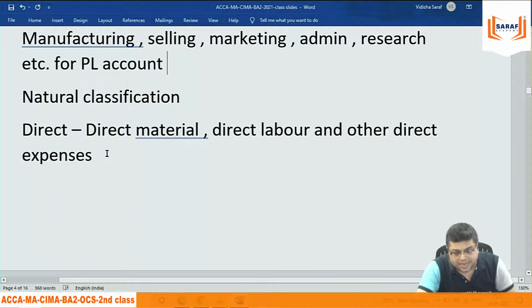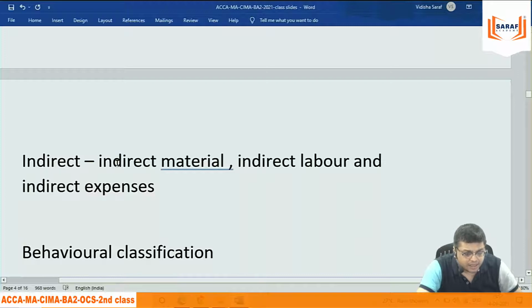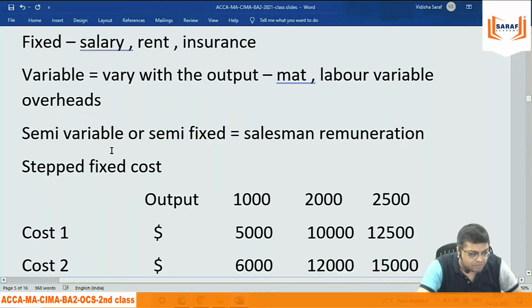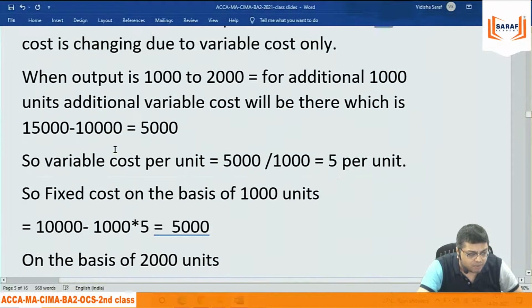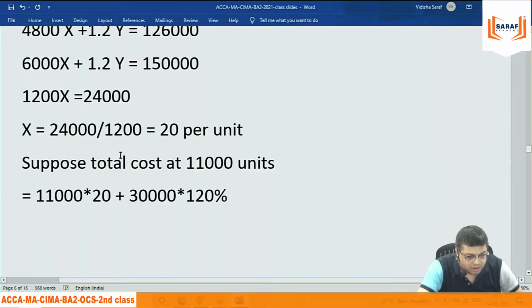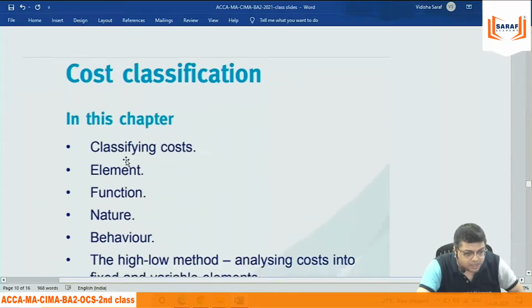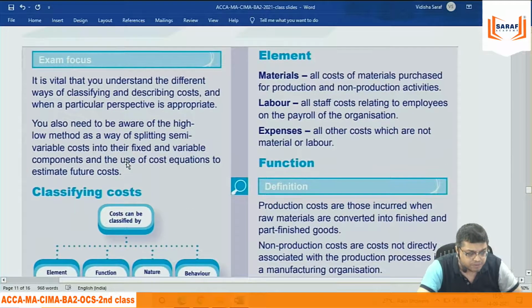Direct is what can be identified in the product, without which the product cannot be produced. That is a major portion of the product that can be identified after the product is ready. Indirect is just the inverse. Then we started with behavior: variable, fixed, semi-variable and all that. And we are still discussing the different types.